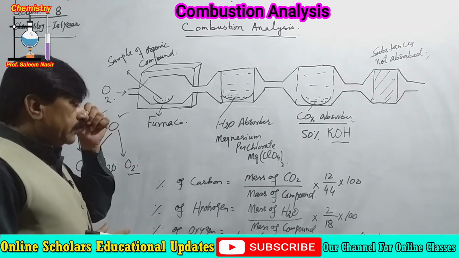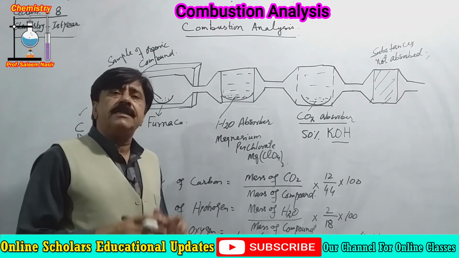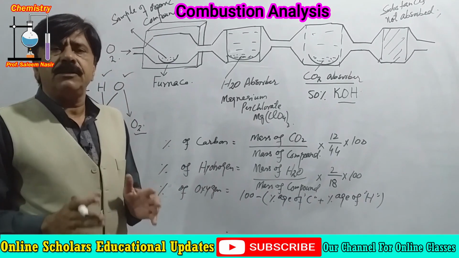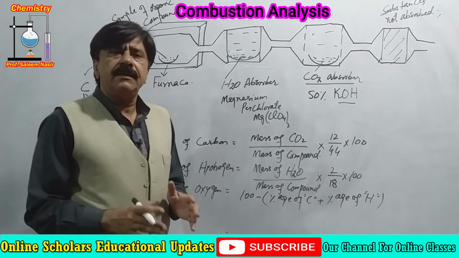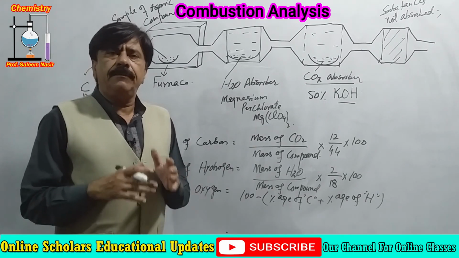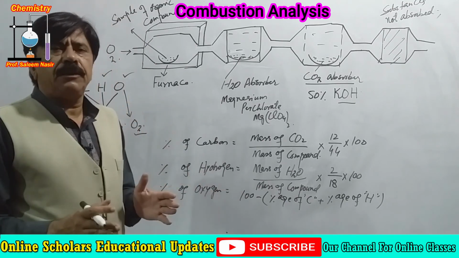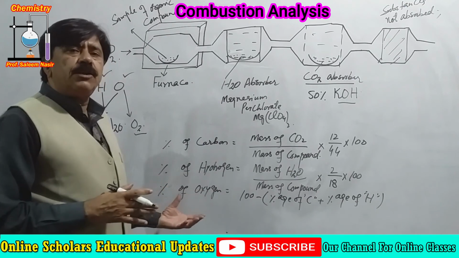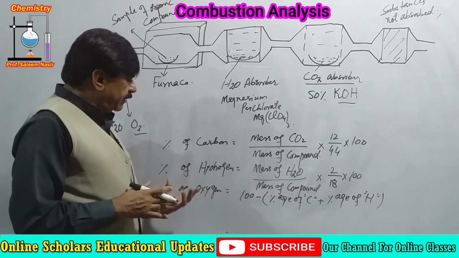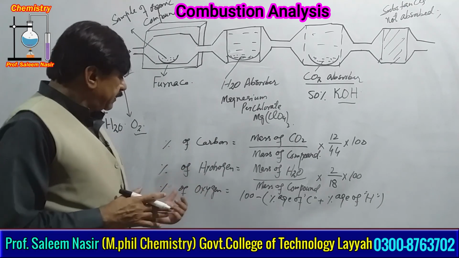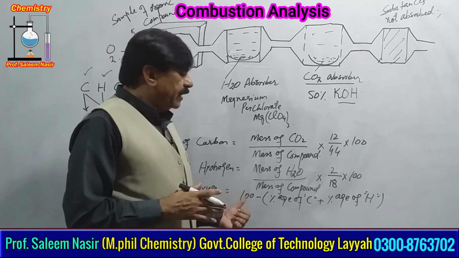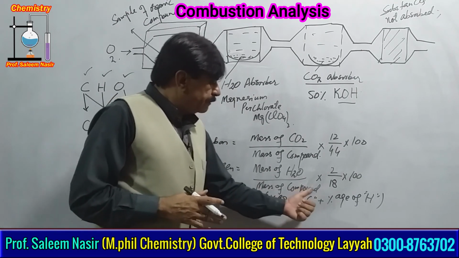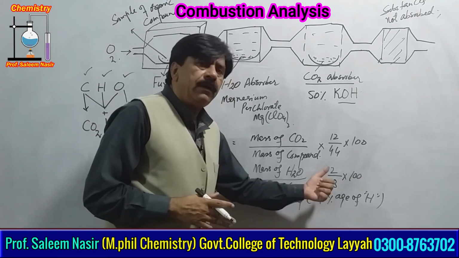Thirdly, the percentage of the oxygen is not measured directly, so the percentage of the oxygen is determined by the method of the difference. Percentage of oxygen is equal to 100 minus the percentage of the carbon plus the percentage of the hydrogen.